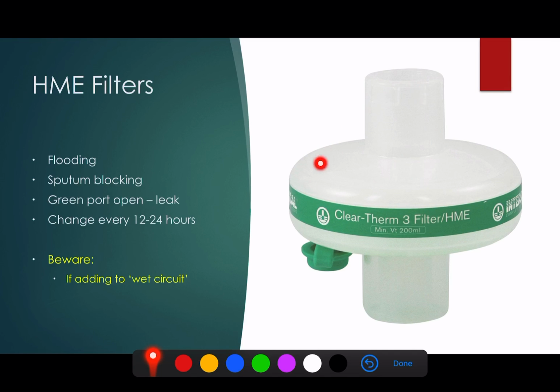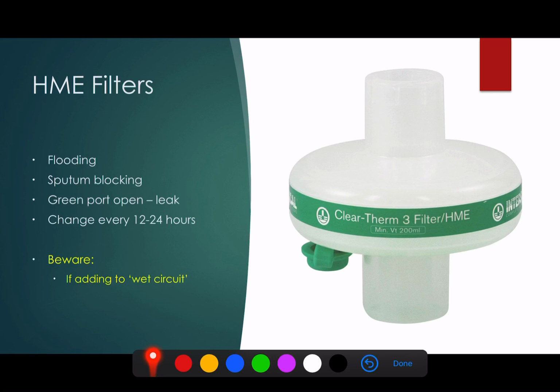If you are changing these, these are your bacterial and viral filters. So you must make sure you clamp the tube if you're going to take this off, because the end that's connected to the patient here is going to be full of viral particles.